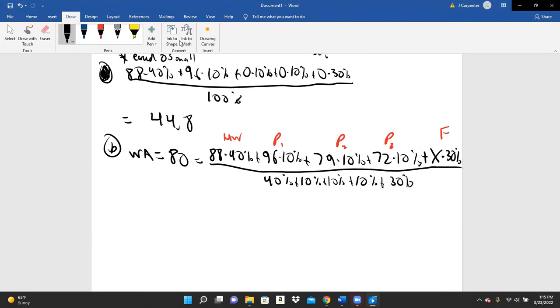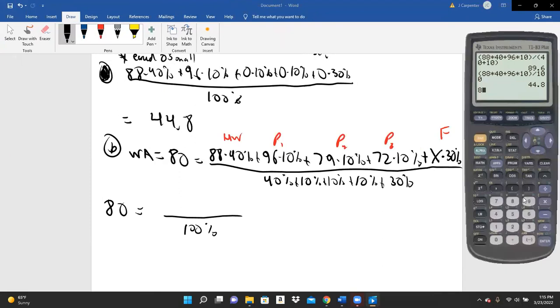All right. Now we can't forget about the 80. We still have that 80 over there. The bottom is going to be 100%. And then the top, the 88 times the 40, let's show what all that stuff is going to be. 88 times 40 plus 96 times 10 plus 79 times 10 plus 72 times 10.